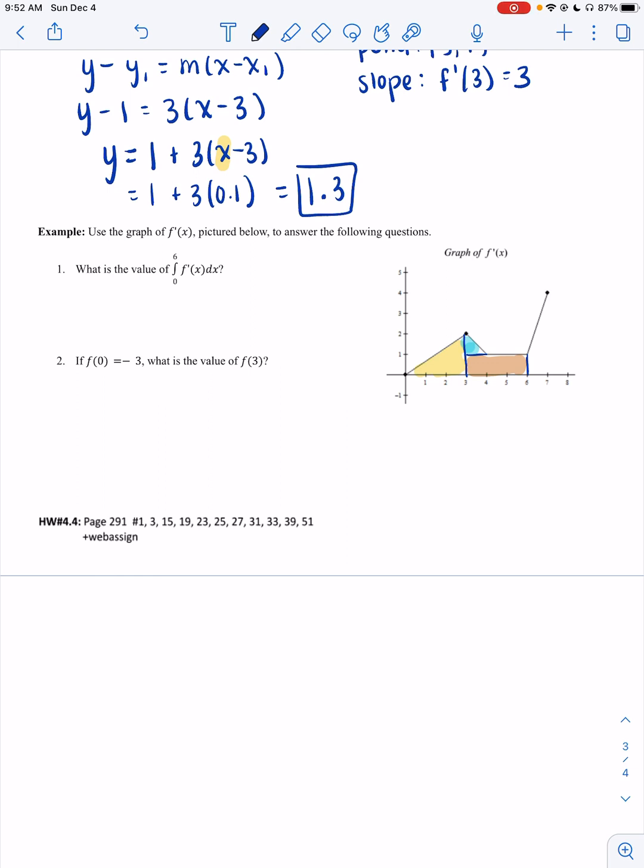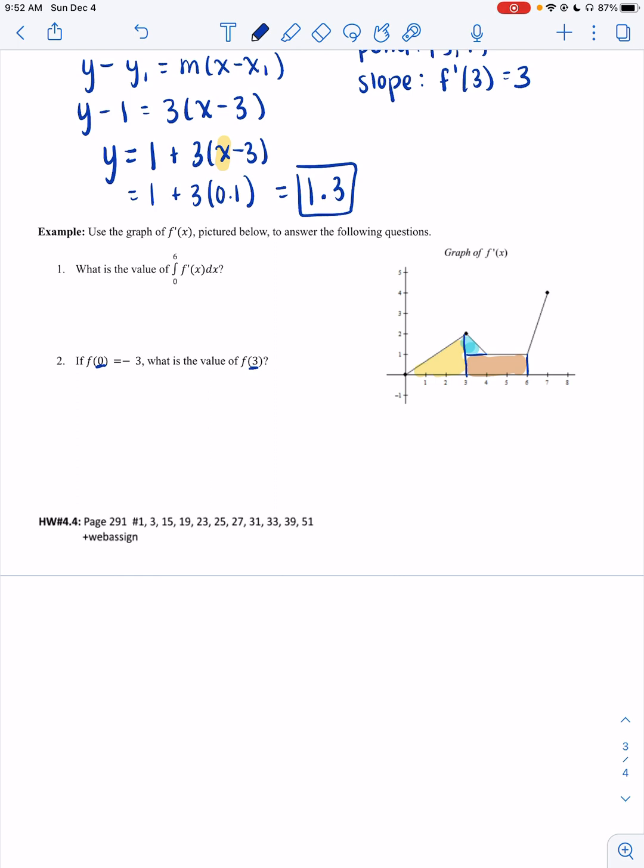So again, I'd encourage you to pause and think about it on your own for a moment, but I'm going to continue talking now. If you're stuck, here's how you do it. You're given the x values 0 and 3.